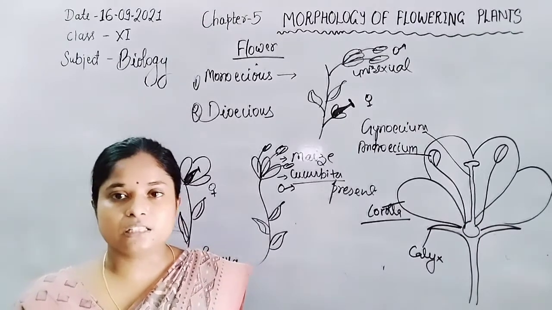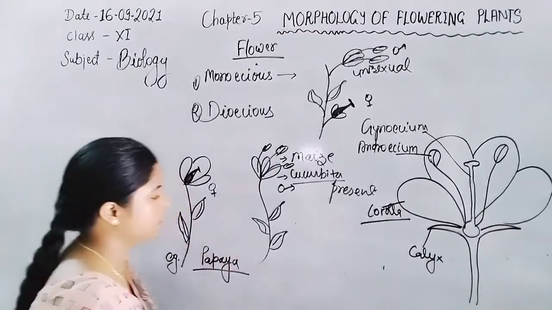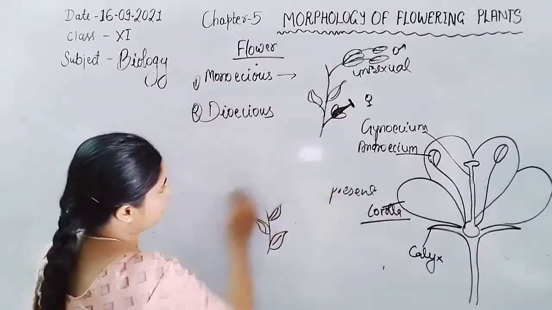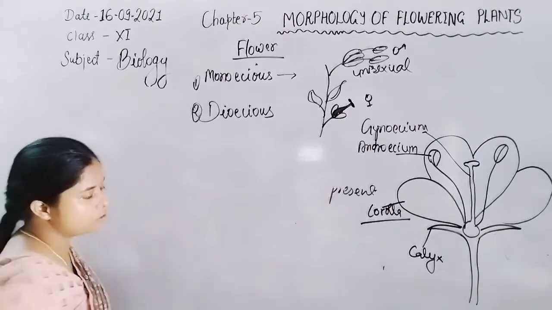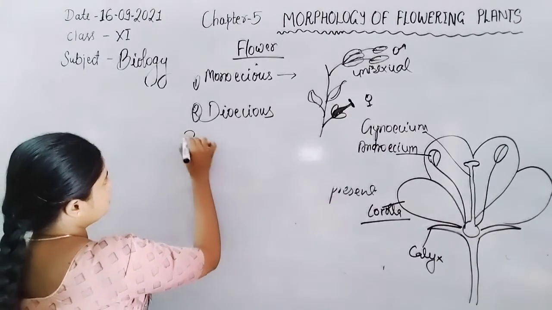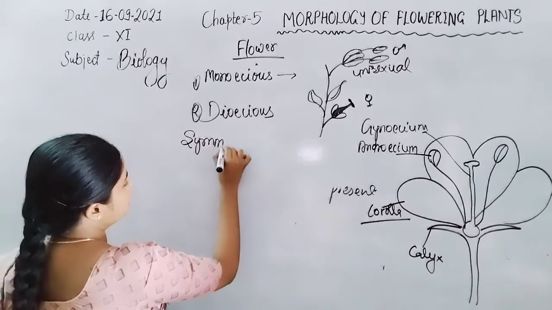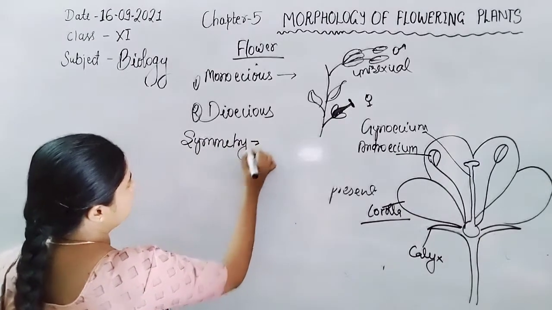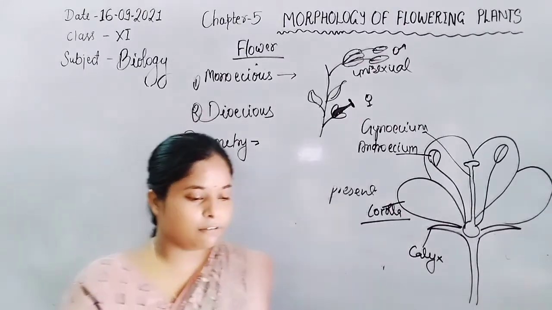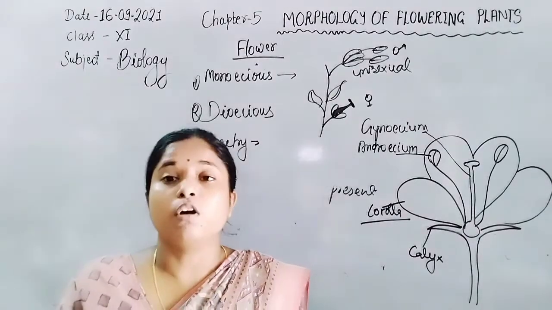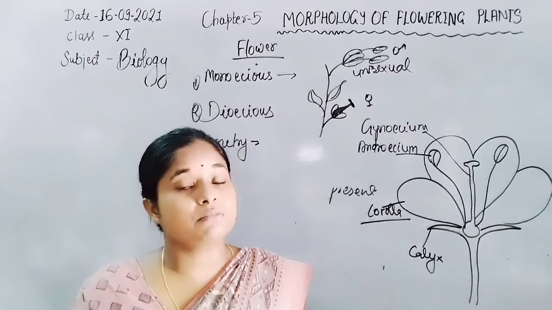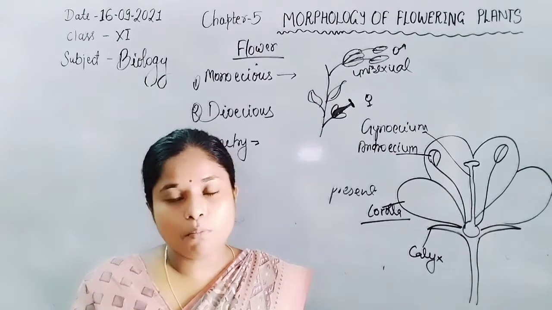Now what are asymmetric or symmetric types of flower? On the basis of division plane, it can be divided into actinomorphic or zygomorphic. If we divide the flower into two equal halves and only one plane is present, such type of symmetry is known as zygomorphic.